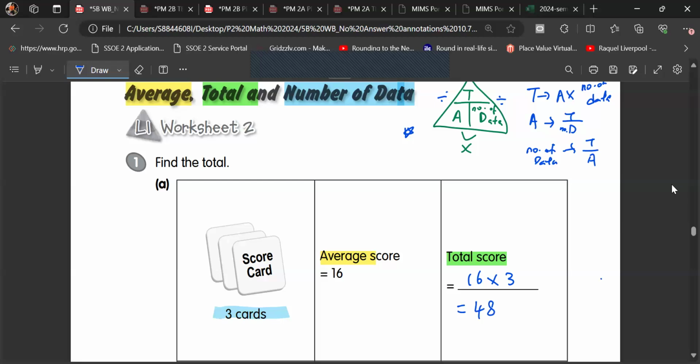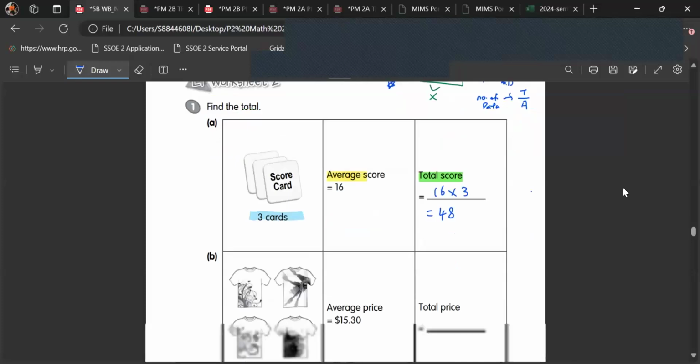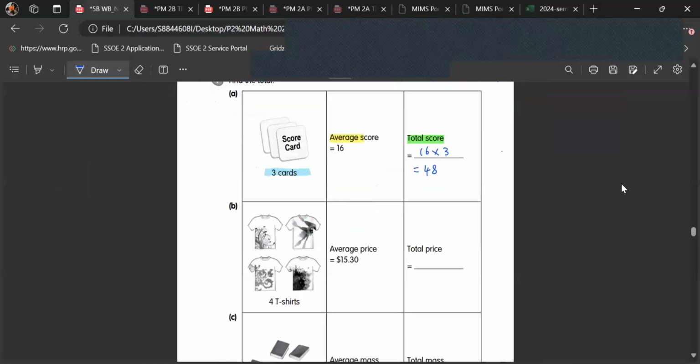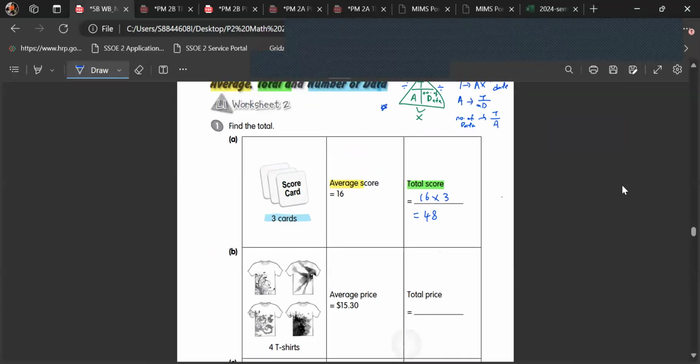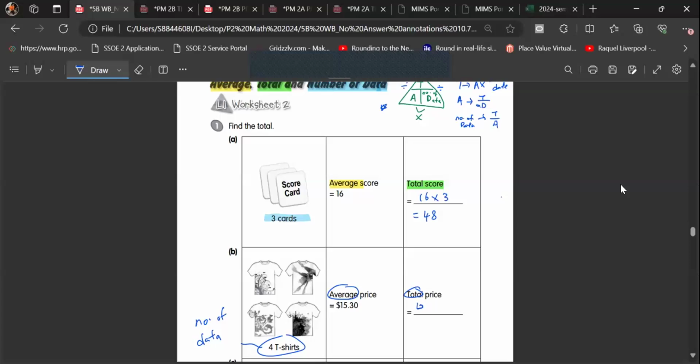Is it difficult? It's not difficult, it's quite easy. Everything is provided. You have here number of data, you have here average and total. So it's 4 shirts multiplied by the average of $15.30.